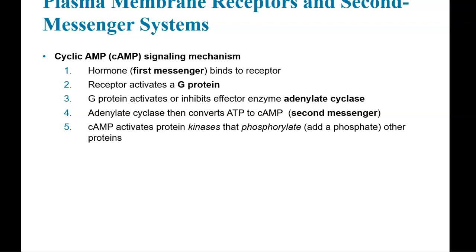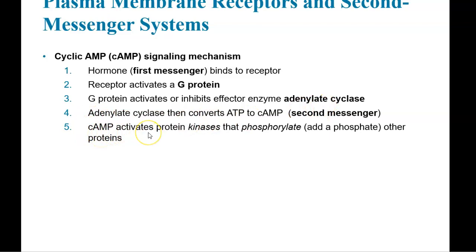The adenylate cyclase is then going to convert the ATP to cyclic AMP. So it's going to go from adenosine triphosphate to cyclic adenosine monophosphate. Okay? And that's going to be the second messenger.